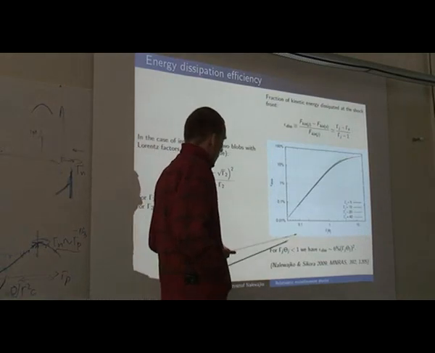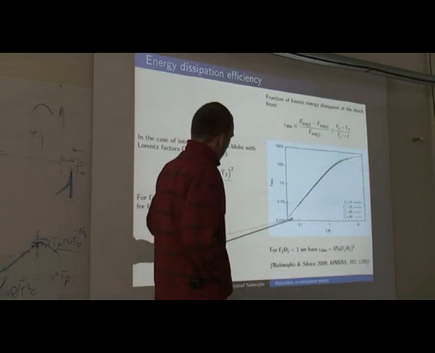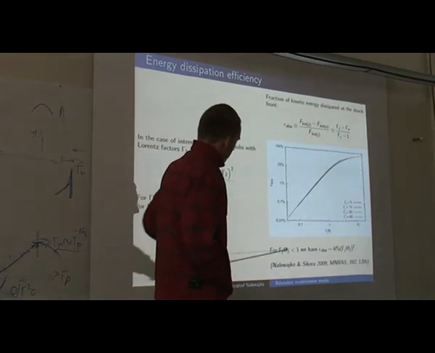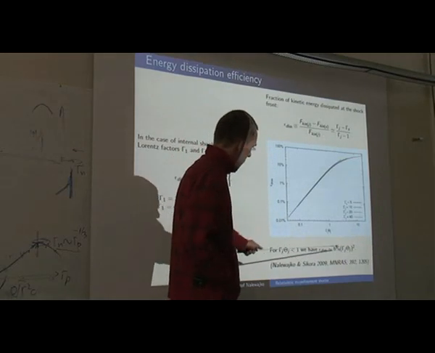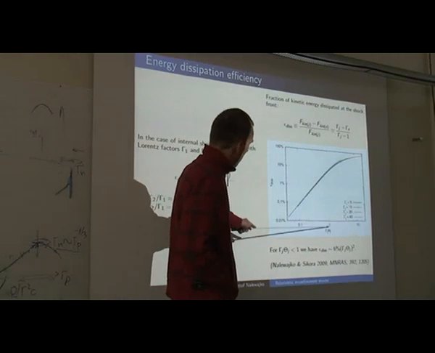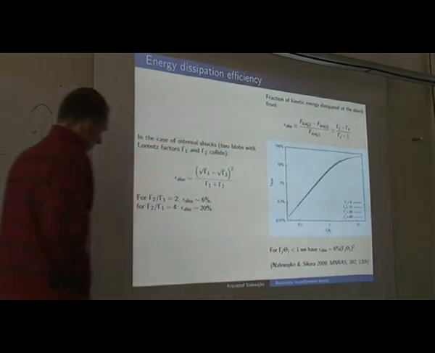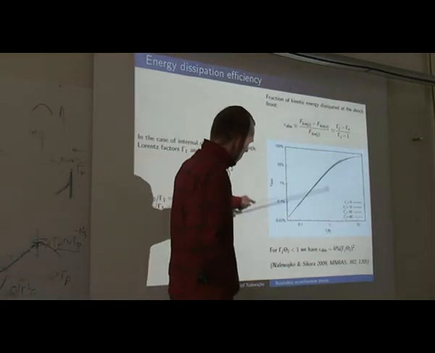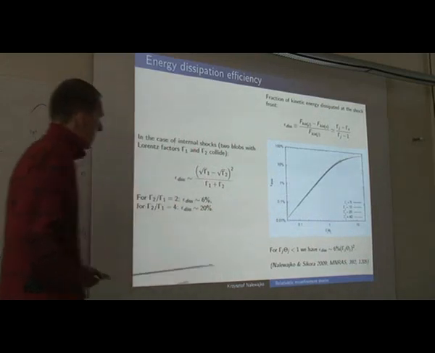If it is lower than 1, then the efficiency is not very high and can be approximated with the scaling shown here, which is about 6% when this parameter equals 1. These are the confinement shocks that are not that relativistic.